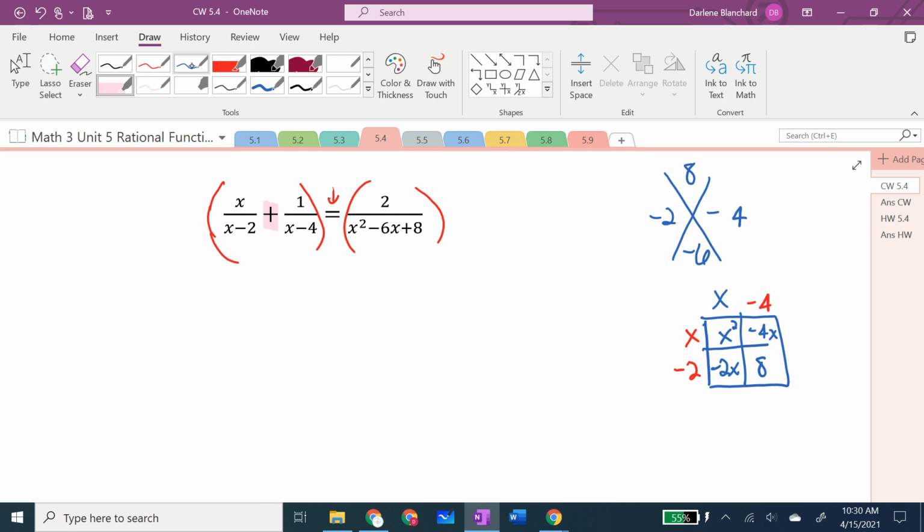So when you multiply by your least common denominator, you're going to have to make sure to distribute the multiplication over this addition. But on the right side, there's only one fraction, and there's no distribution that you need to do. And we found that the least common denominator is x minus 2 times x minus 4.